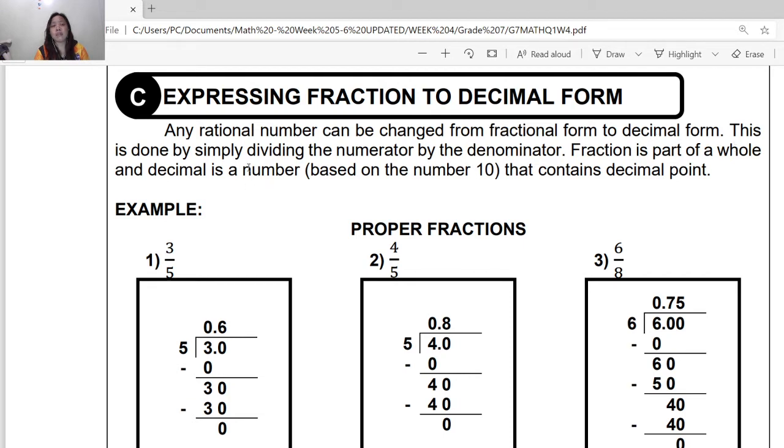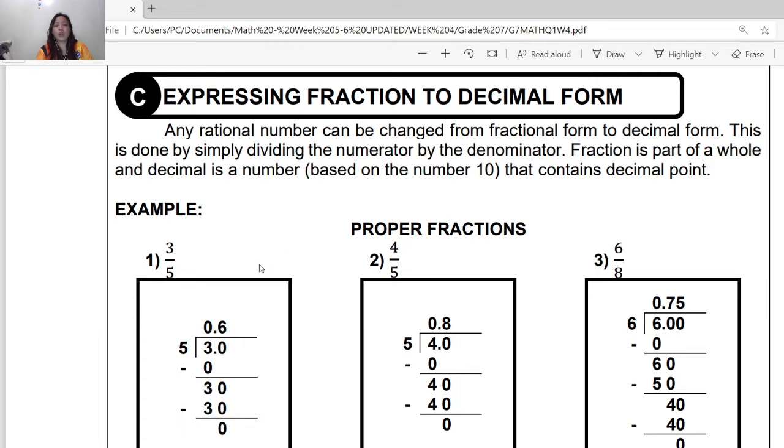And this is done by simply dividing the numerator by the denominator. So fraction is part of a whole and decimal is a number based on the number 10 that contains a decimal point.